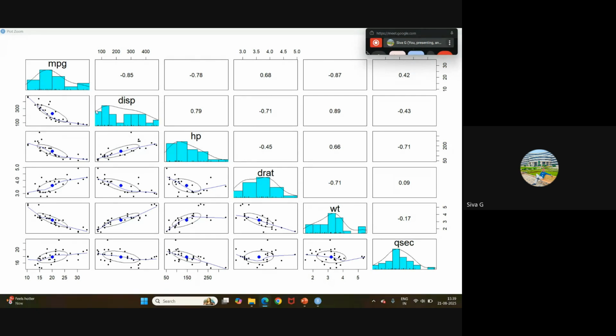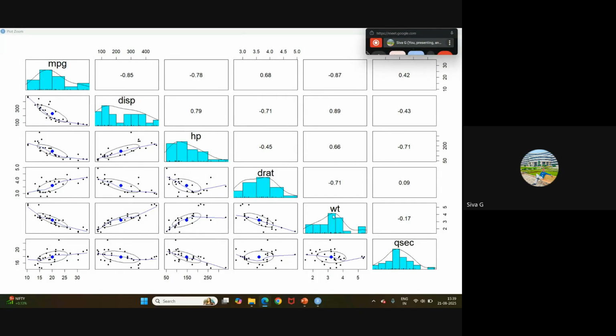Displacement is also not normal. Why? Because it is scattered towards the left, and it looks like an exponential distribution, increasing and then continuously decreasing, an exponential decreasing curve. Horsepower is also not normal. Drat looks like a bimodal pattern, with two peaks. Weight is somewhat right-side skewed, with a disturbance, and flatness on the left side.